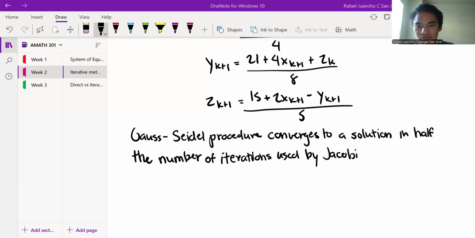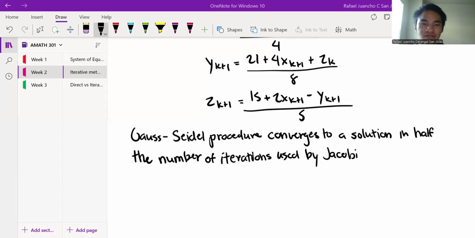Should I wait it out? Wait, let me actually just double check. Hmm. They jumped into eigenvalues here, which is not my cup of tea. Okay, yeah, I might just wait it out.